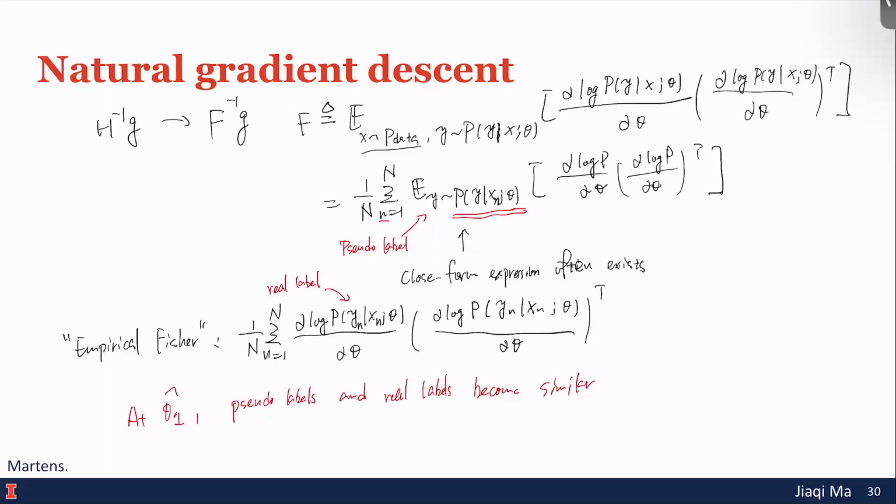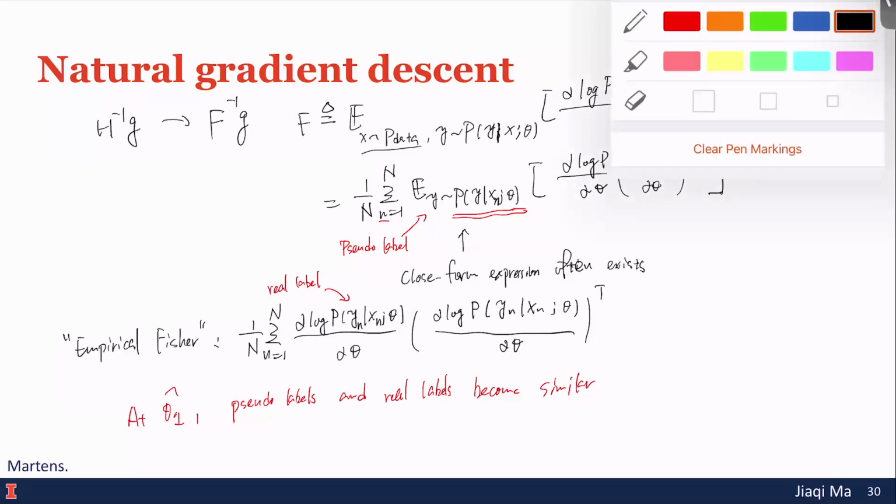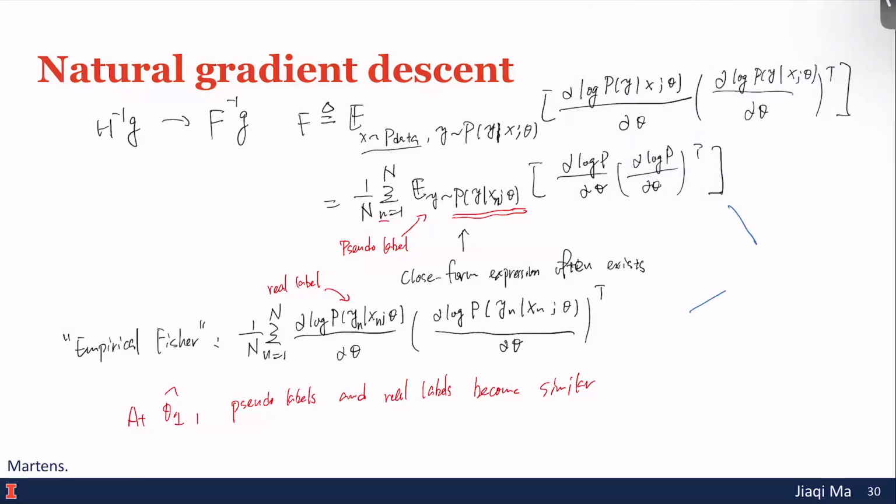Another note is that both of these definitions, the true feature and the empirical feature, are always positive semi-definite, right? Even if your model is a neural network, because of their definition in this form, they're always positive semi-definite.